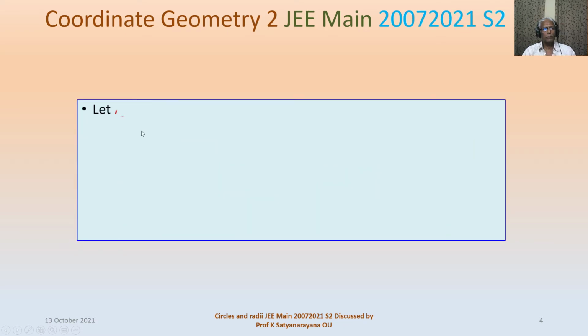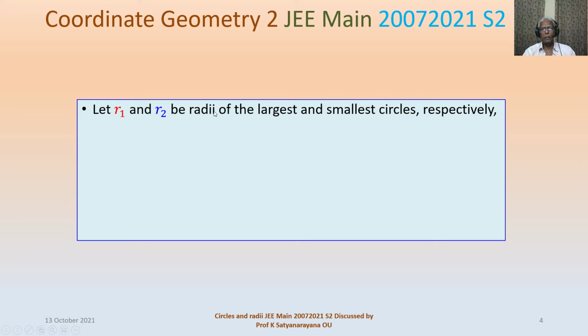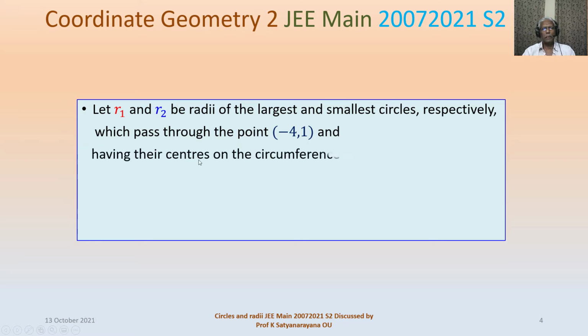The problem is: let R1 and R2 be the radii of the largest and smallest circles respectively, which pass through the point (-4, 1) and have their centers on the circumference of the circle x² + y² + 2x + 4y - 4 = 0.